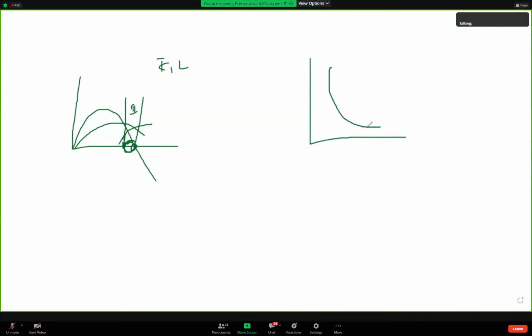One is the isoquant curve. Important things about the isoquant curve: the marginal rate of technical substitution, which is the slope of the isoquant curve, is declining, applying diminishing marginal return or productivity in the second stage.